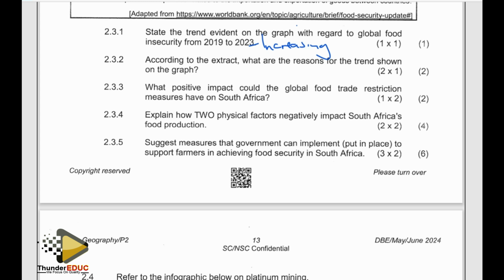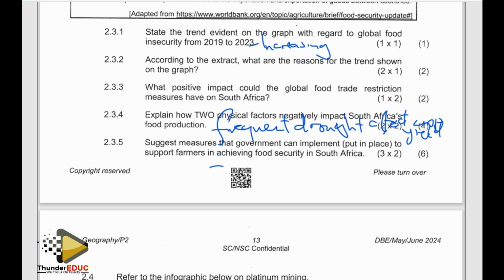When the climate is changing, we are having frequent droughts now. Because of climate change, we are having frequent droughts. Frequent drought affects crop yields. We cannot have high yields if there is a drought situation.